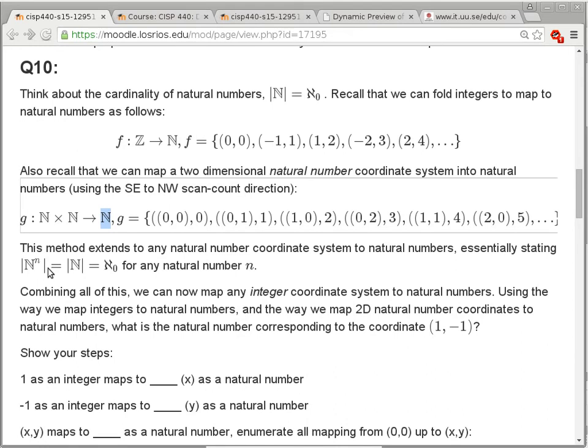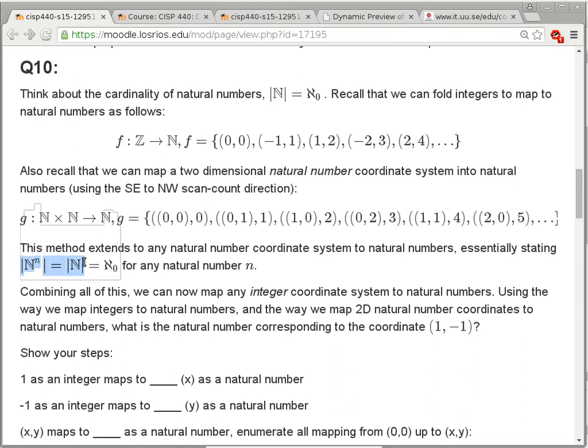I can extend this method so I can deal with not only a plane, which is two-dimensional, but I can extend it to three-dimensional, four-dimensional, and so on. Which means if you give me a fixed number of dimensions, n, lowercase n in this case, I can map the coordinate system of that space to just natural numbers, which ends up with the same cardinality, which is aleph 0.